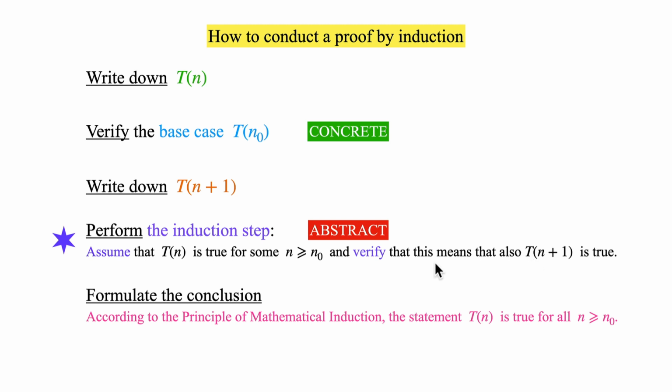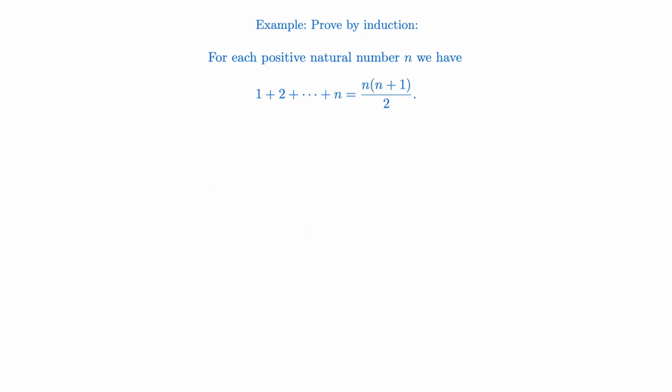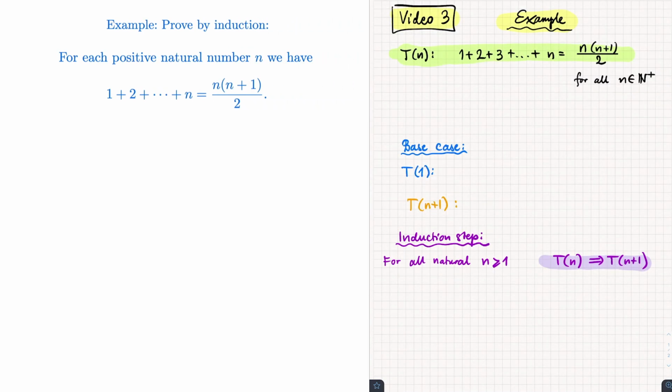And then you have to use the fact that this expression is a true statement, and you have to show that this leads to the fact that the statement for the next number n is also true. So this one is easy, this one is always more difficult, and you will see several examples of proofs. And the first one is already here.